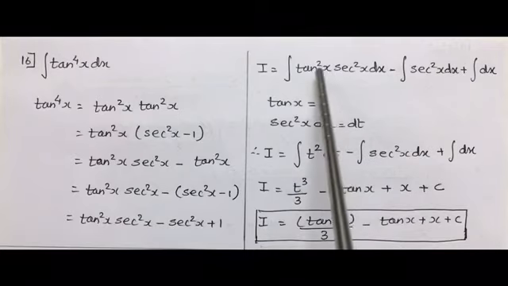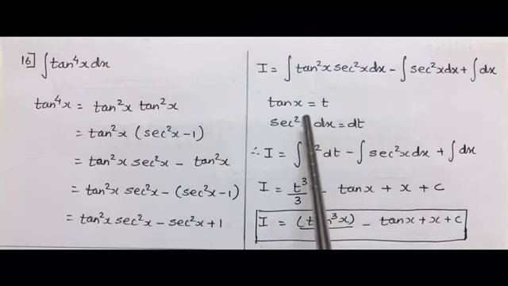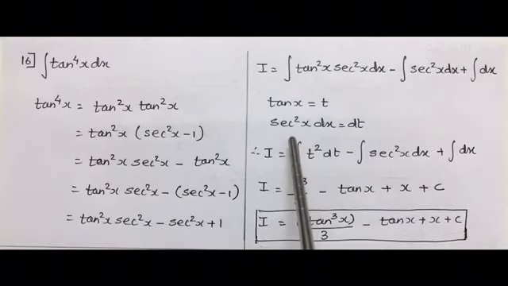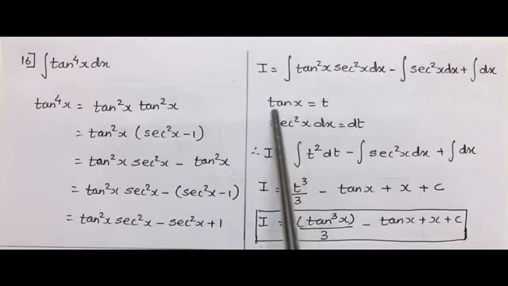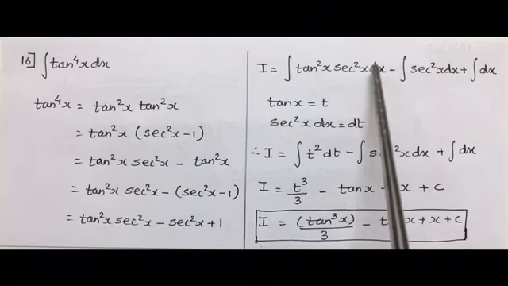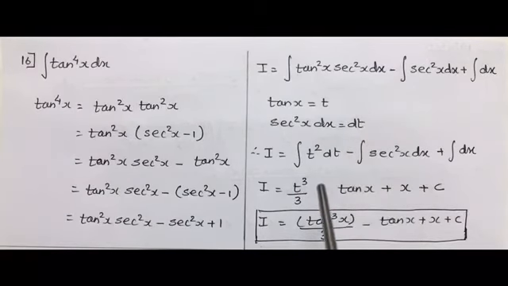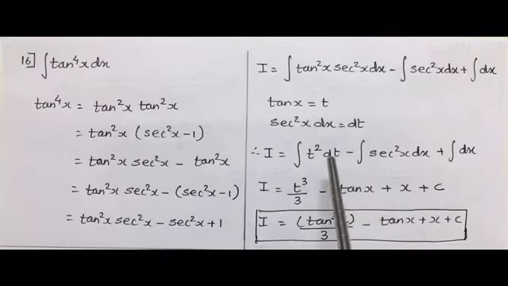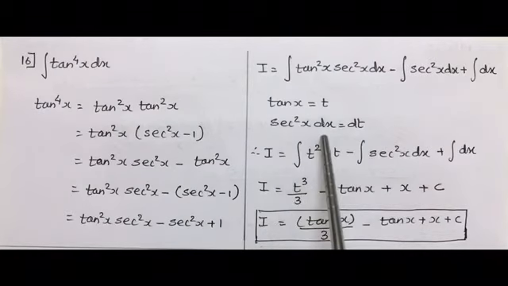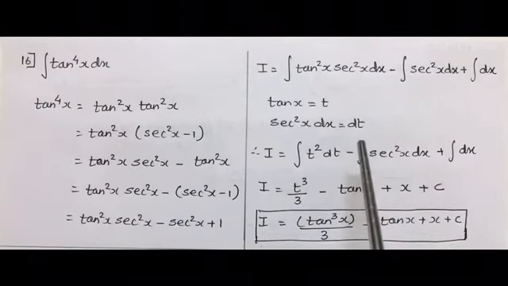Now to integrate tan^2 x and sec^2 x, we assume tan x is equal to t, because the derivative of tan x is sec^2 x dx, which can be easily replaced as dt. So tan x is differentiated, we get sec^2 x dx is equal to dt.